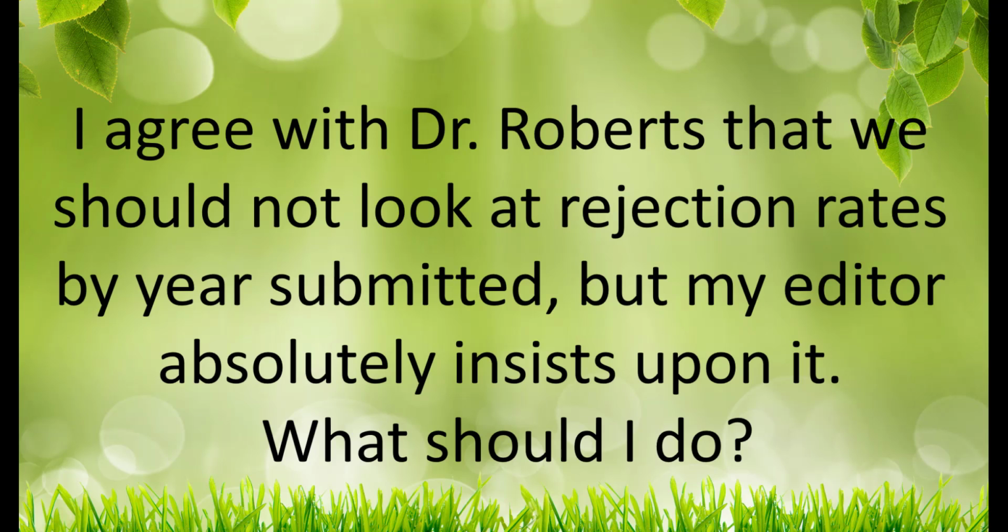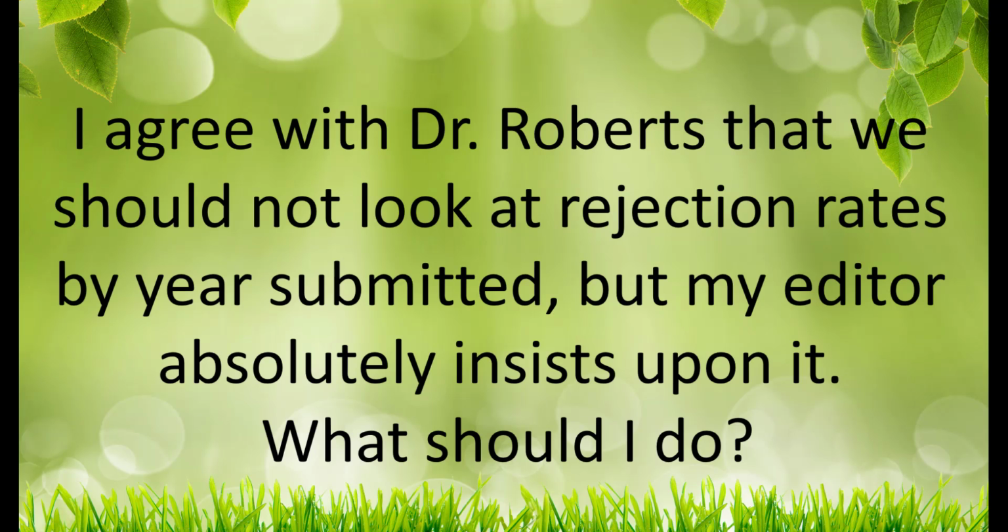Then I think Jason showed us a number of ways of explaining what's happening. Why are we seeing this large number of rejections in January, for instance? So providing that commentary with the data that you're providing the editor would be helpful.